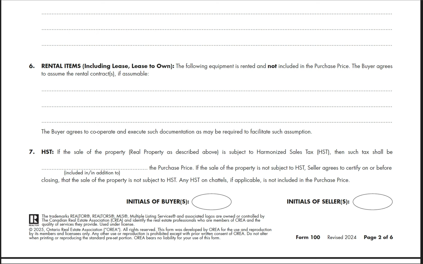So the only time where the HST would most likely be used in a residential property would be in newly built homes or substantially renovated homes. And in that case, generally what occurs is the sale price would be reduced and then calculated to the agreed upon purchase price.